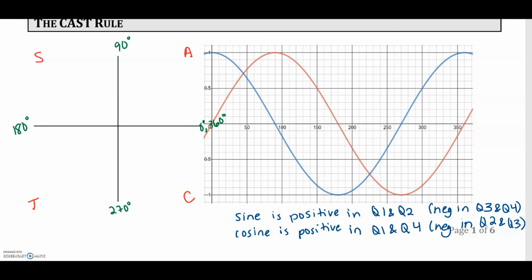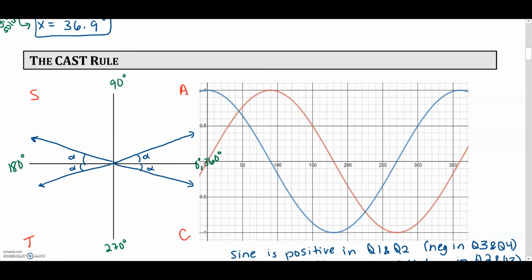We can examine a particular angle in quadrant 1. We can call this angle alpha. Alpha is defined as an angle from standard position, so from 0 degrees up to alpha degrees. We can show the same angle alpha for each quadrant. Now we want to express each of these angles as angles from standard position.